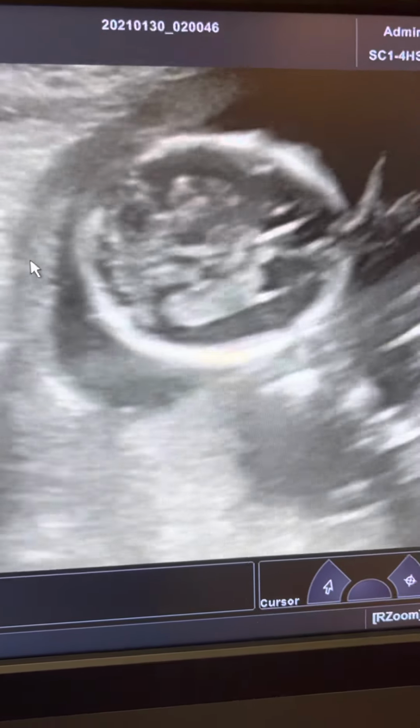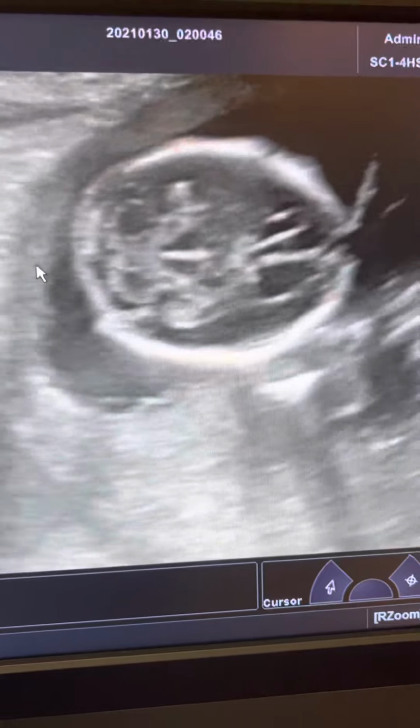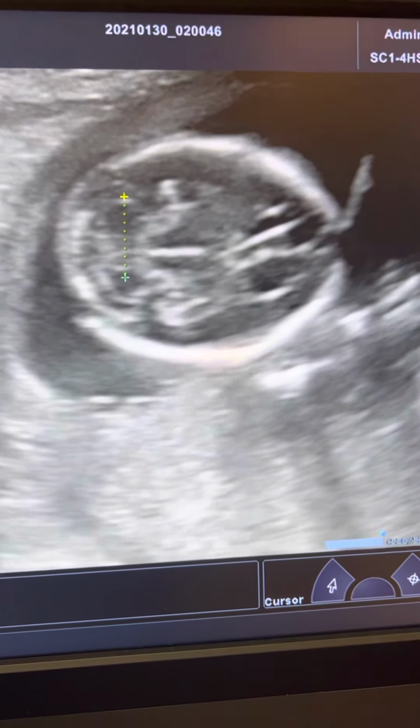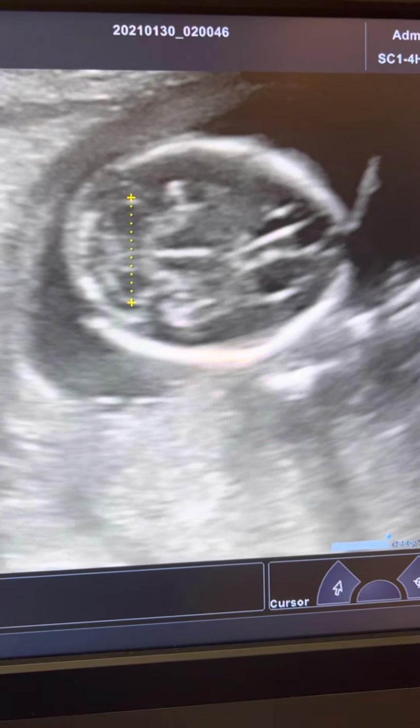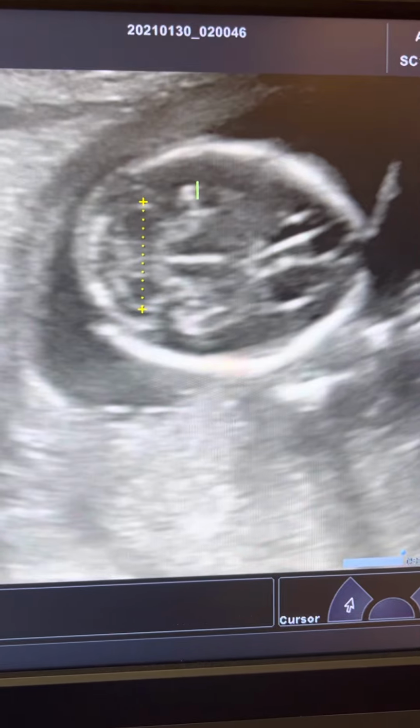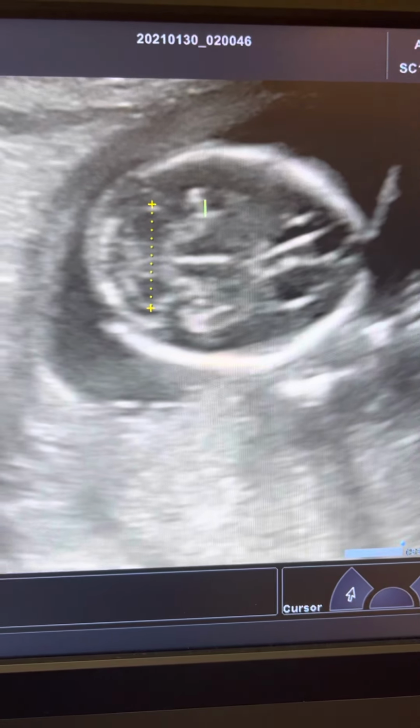the different parts. Here we can see the brain of fetus A. Here is the cerebellum. We measure it, it's about 18 millimeter.